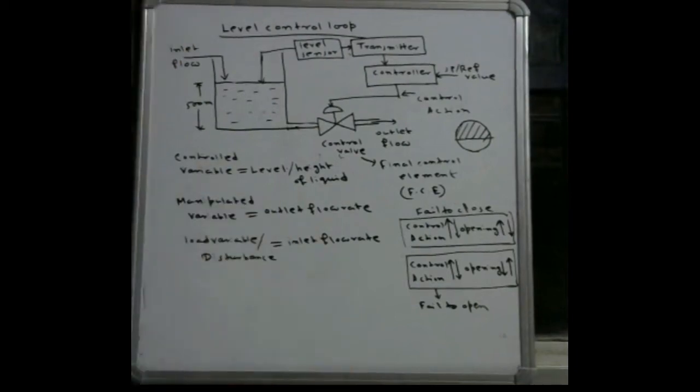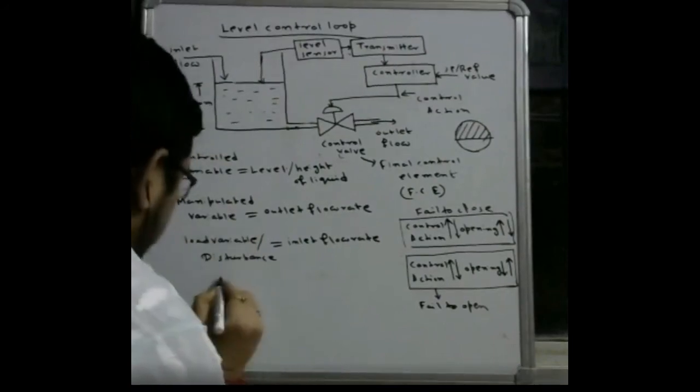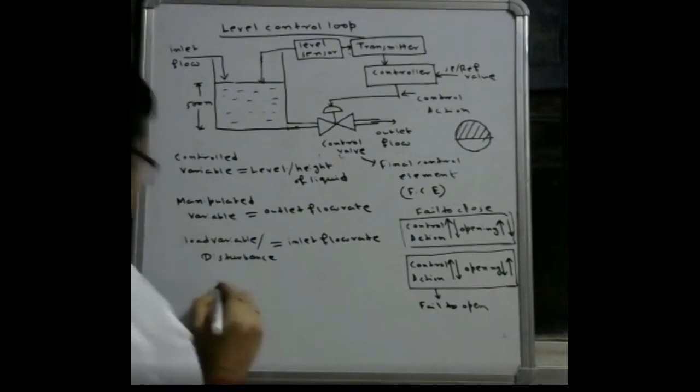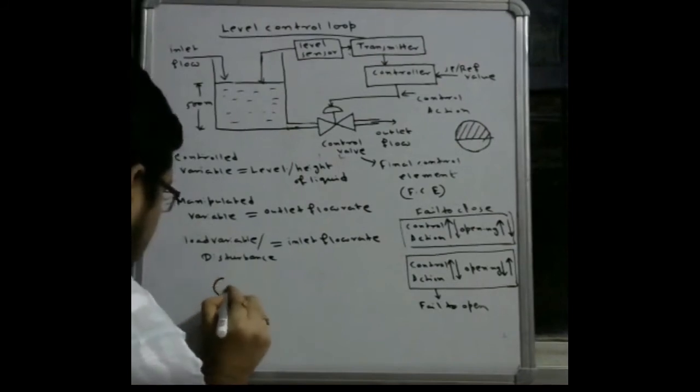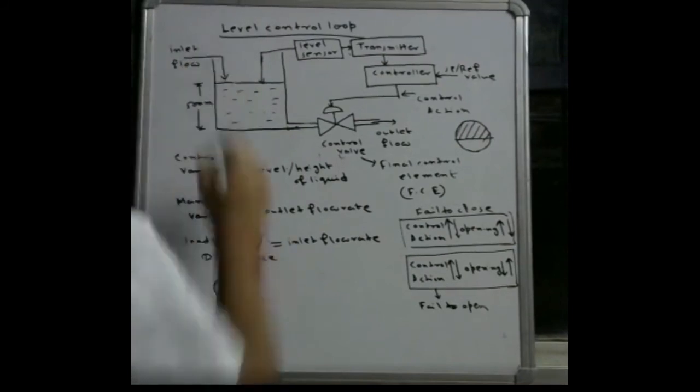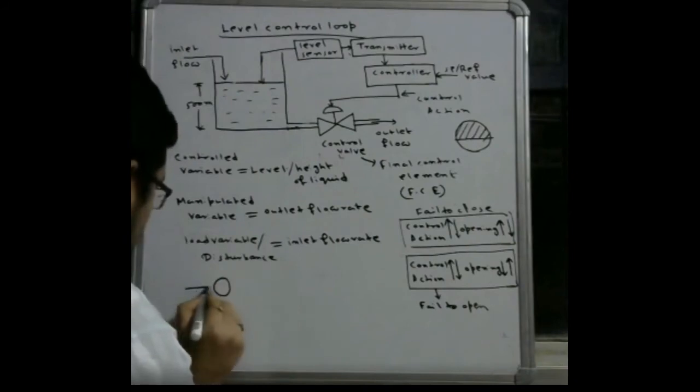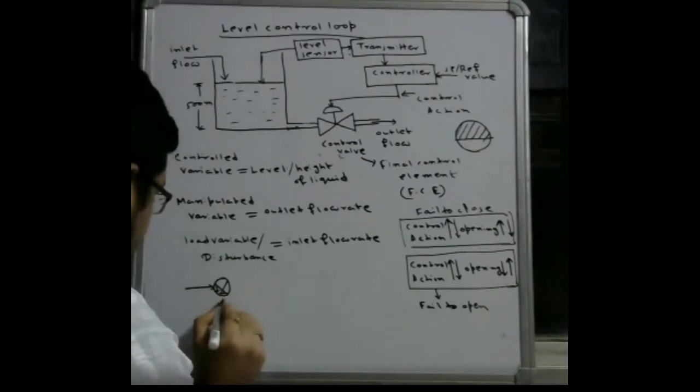So now we have to update our automatic control loop. The same control loop will be there, only into the process there will be disturbance. We have to add some disturbance.